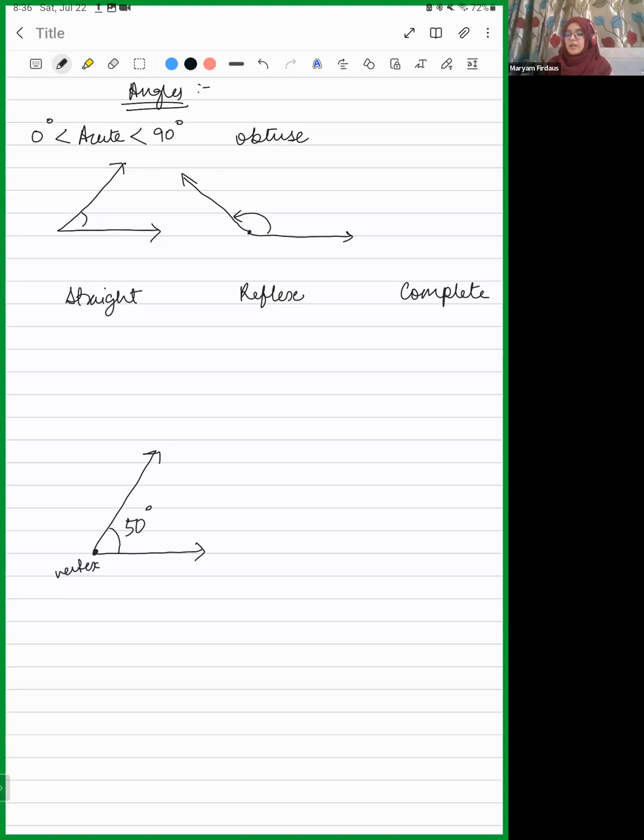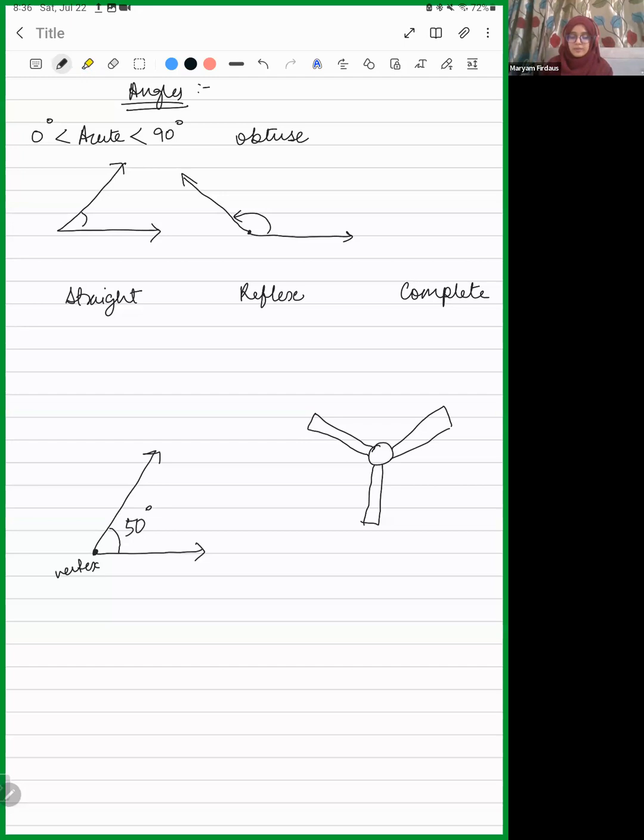For example, those of you who have ceiling fans that have 3 blades in them. Have you ever wondered what is the angle between each of the 3 blades? What is the angle between them?